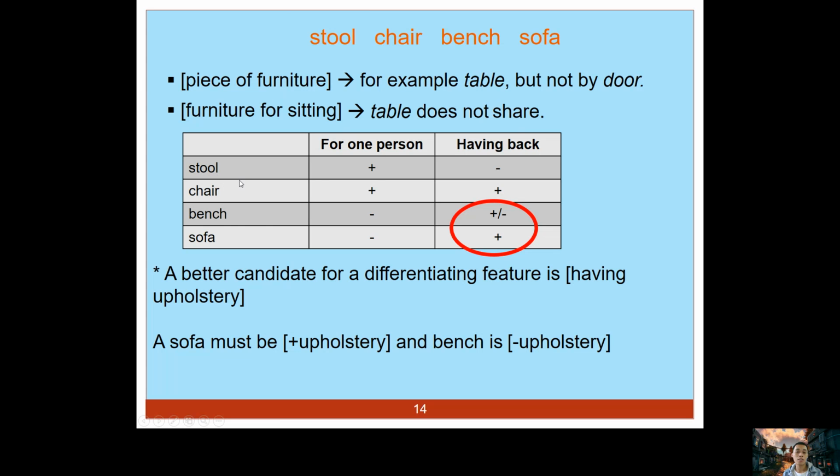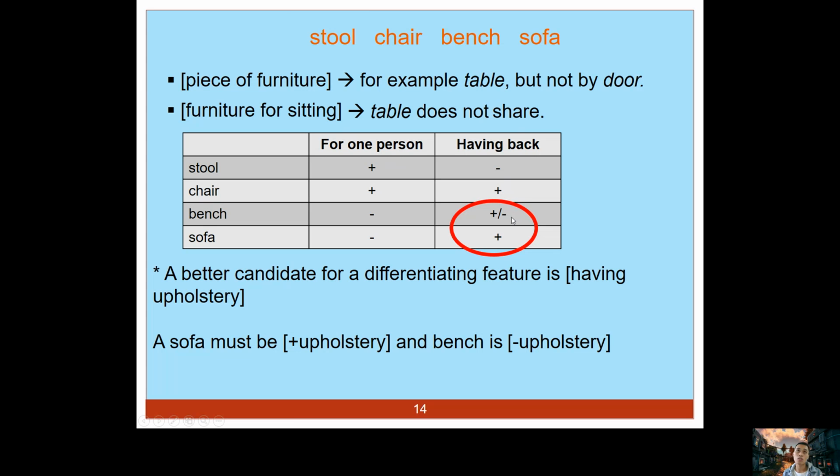Let's see about stool. A stool can be for one person, but a stool does not have a back. A chair is also for one person, and the chair will have a back. A bench is not for one person but for many people, and having a back depends on the bench.